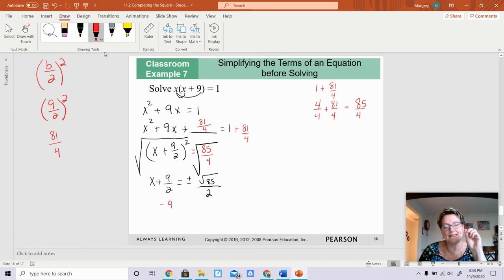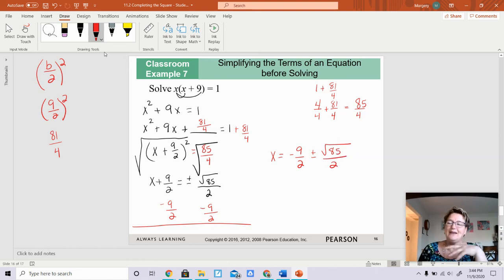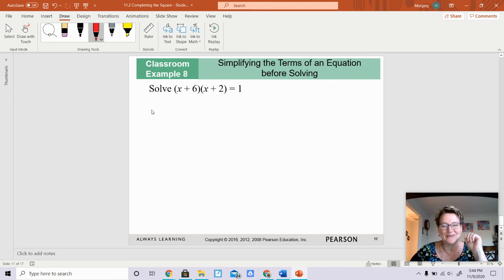So I'm going to minus 9 halves from both sides. And you're left with x equals negative 9 halves plus or minus the square root of 85 over 2. Now, I don't think there's any numbers that can go into 85, so that's it. That would be your answer. You're finished.